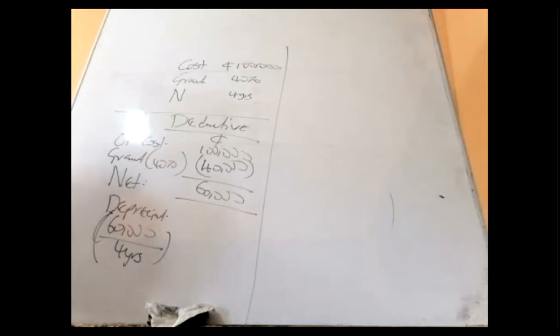The government will pay 40,000 for you. You paid only 60,000, so depreciate what you paid. Don't depreciate the government's part. Depreciate the 60,000, what the company actually paid. That's the deductive approach.